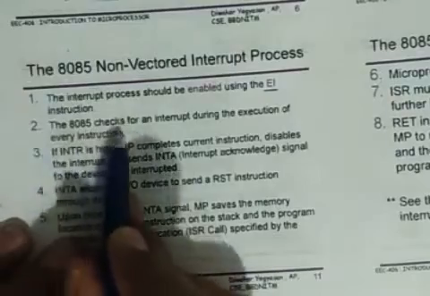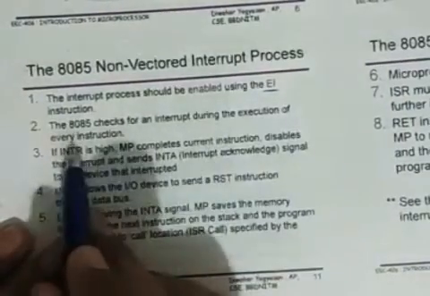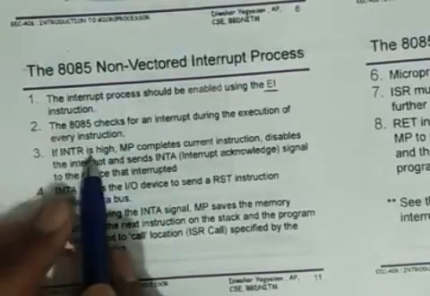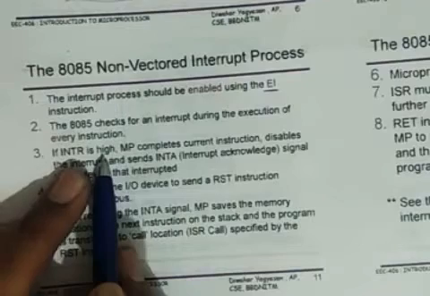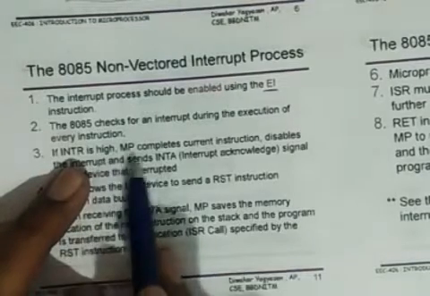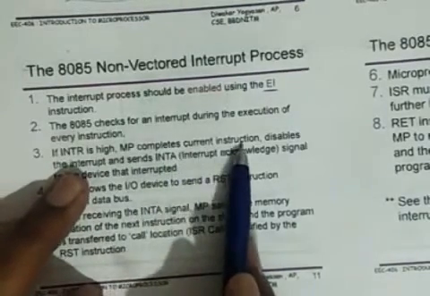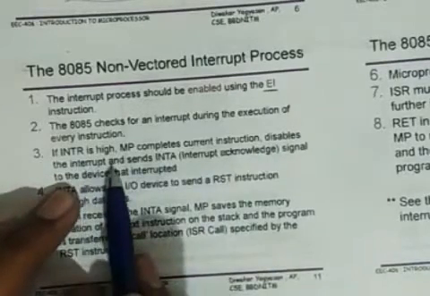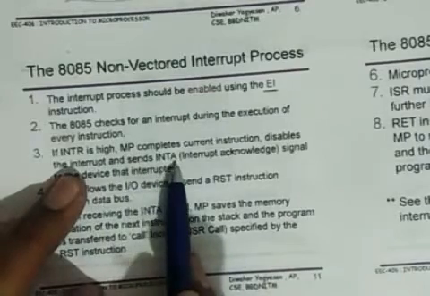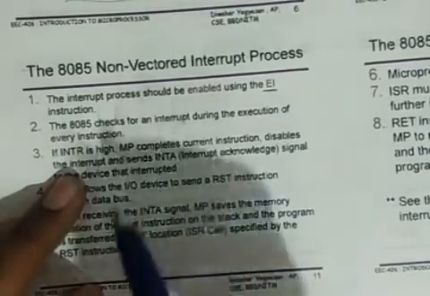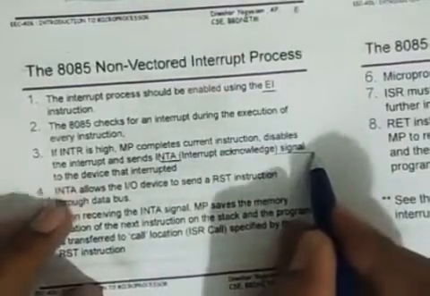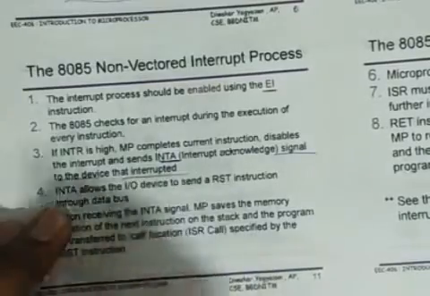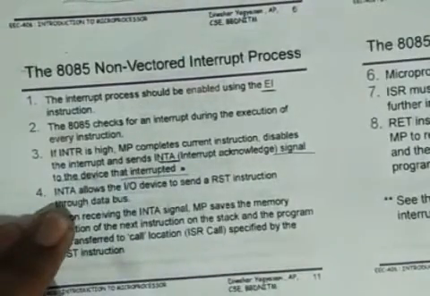The 8085 checks for an interrupt during the execution of every instruction, and if the INTR interrupt pin is high, the microprocessor completes the current instruction, disables the interrupt, and sends the INTA, the interrupt acknowledgement signal, to the device that has interrupted.